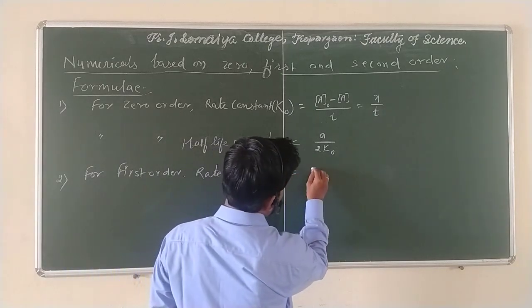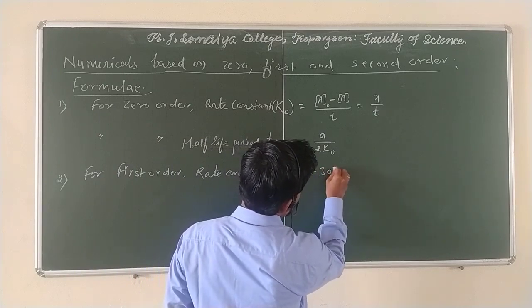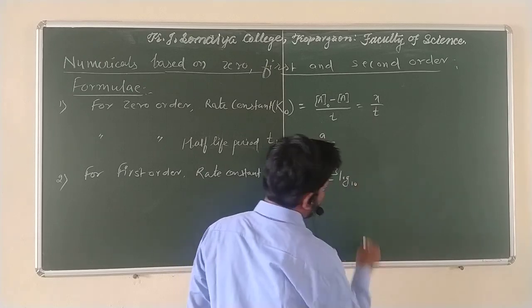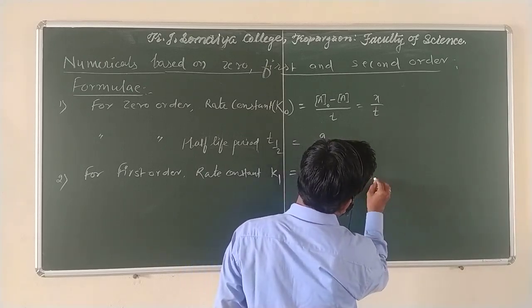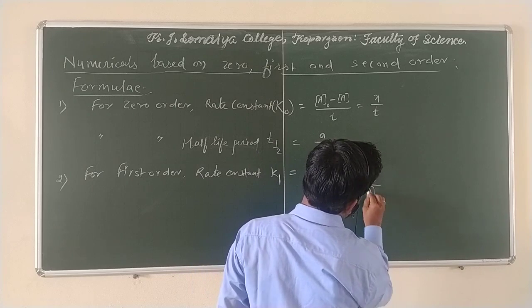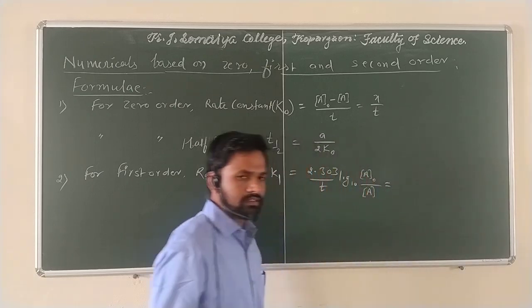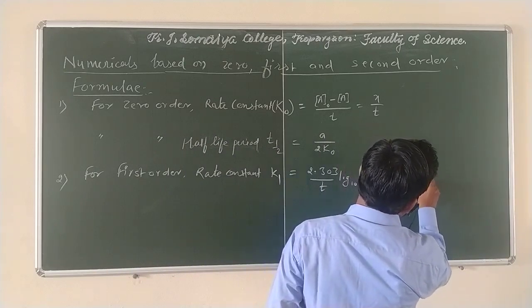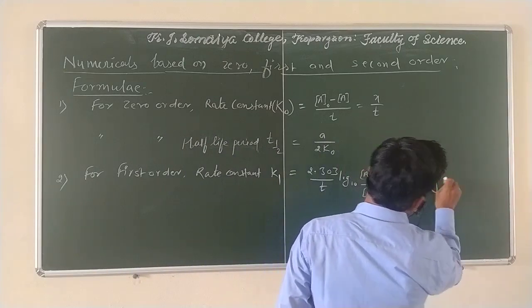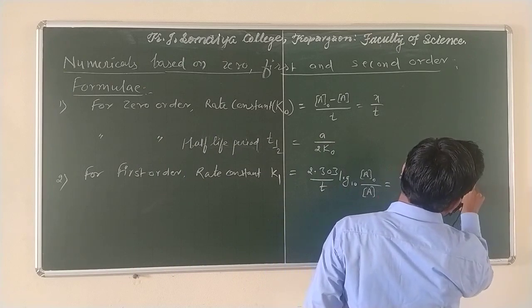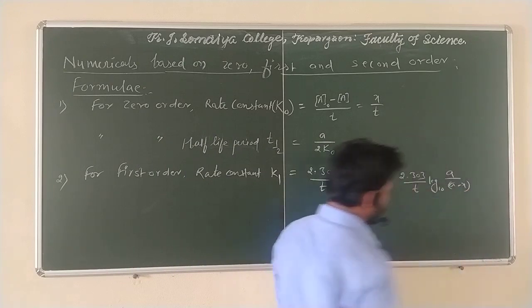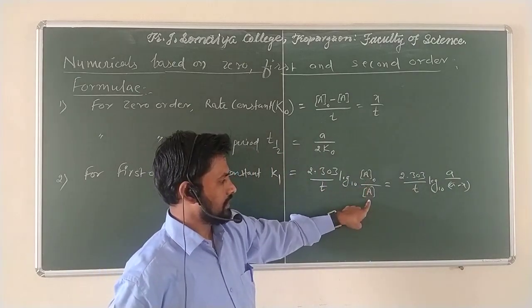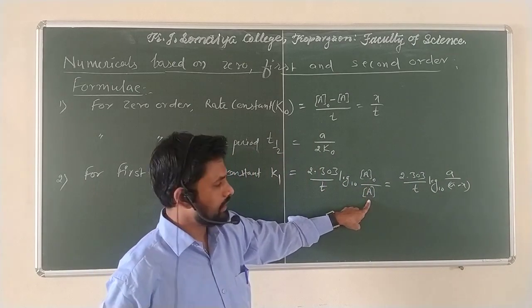K1 is equal to 2.303 upon T log10 of concentration of A0 upon concentration of A. This is nothing but, and this has to be remembered, 2.303 upon T log10 of A upon A minus X. Here A0 is the initial concentration, and concentration of A is the remaining concentration.